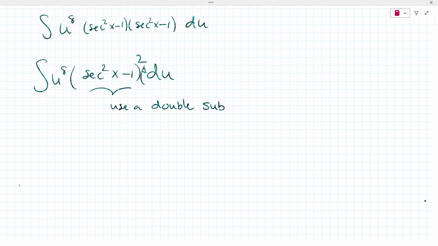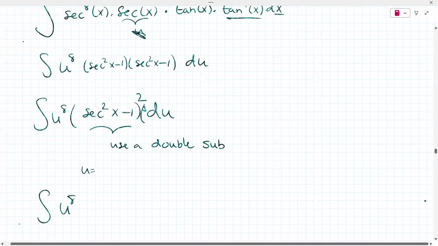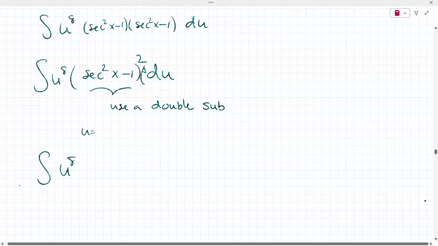Okay. So it's going to be u to the 8th. And then we said that our u was secant of x. So u is secant of x.